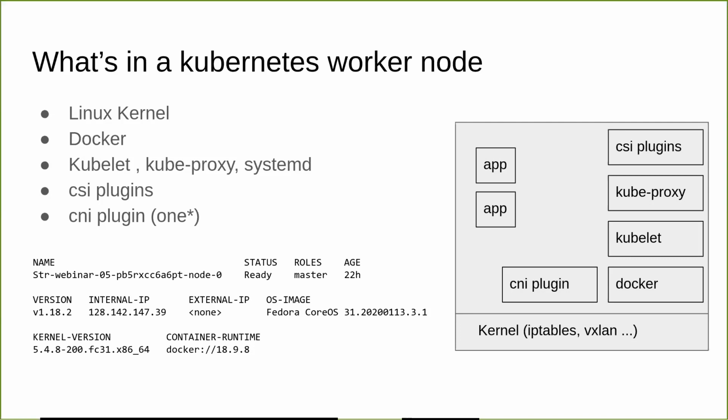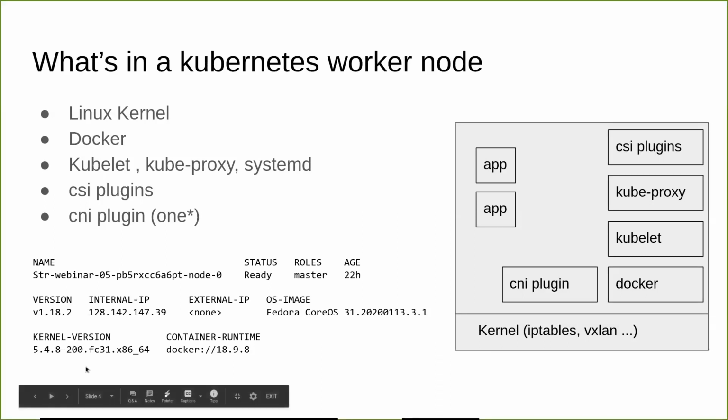And together, you have a CNI plugin, which is the Container Network Interface plugin, and some CSI plugins, which is the Container Storage Interface, to do automatic provisioning for CephFS, for example, block storage with OpenStack Cinder, or CVMFS if you're at CERN. And then, of course, you have your apps. All these components usually consume very little memory, in the order of tens of megabytes for loaded nodes. So they're very minimal, and if they have high memory utilization or high CPU utilization, something is wrong.